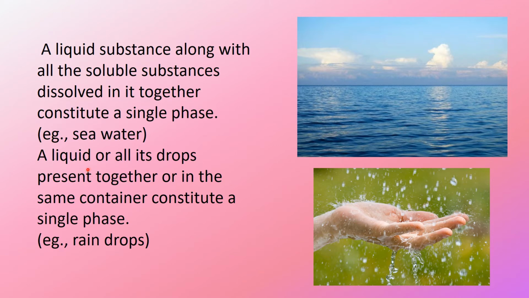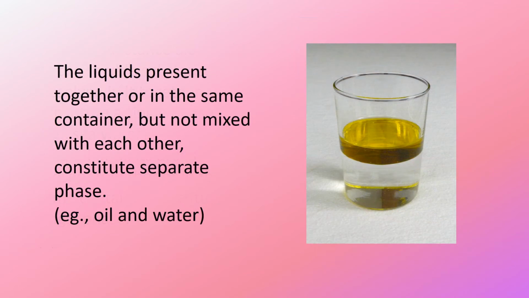A liquid with all its drops present together or in the same container constitutes a single phase. Example, rain drops. Liquids present together or in the same container but not mixed with each other constitute separate phases. Example, oil and water.